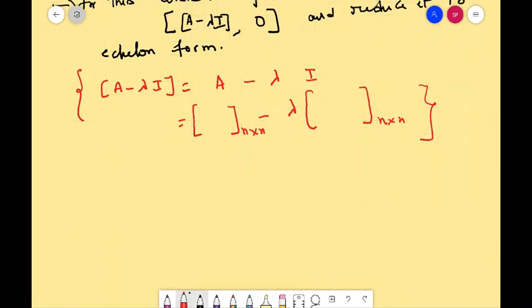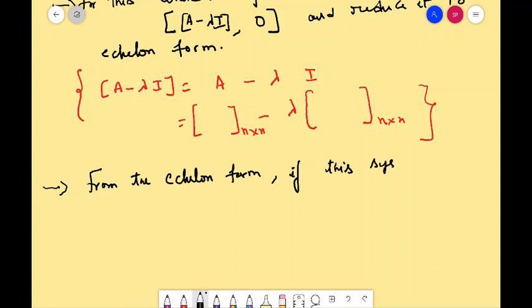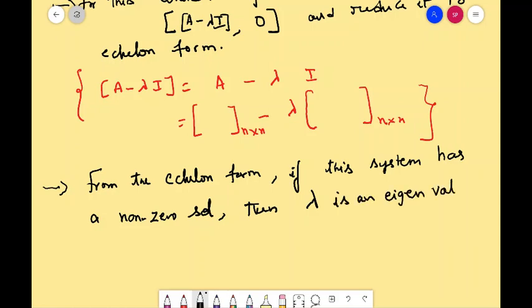Then after solving this, from the echelon form, if this system has a non-zero solution, then lambda is an eigenvalue.